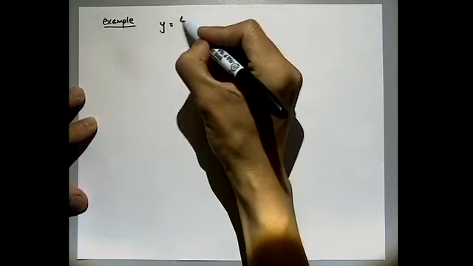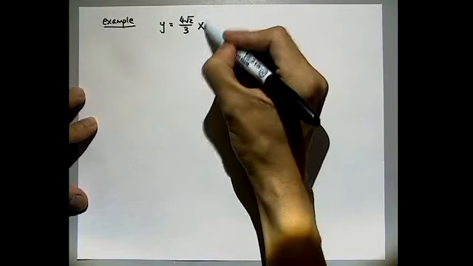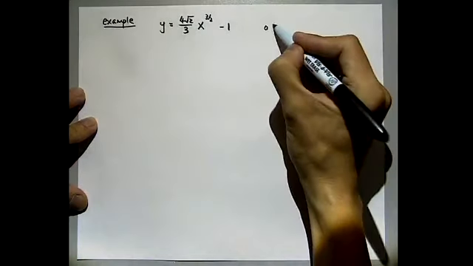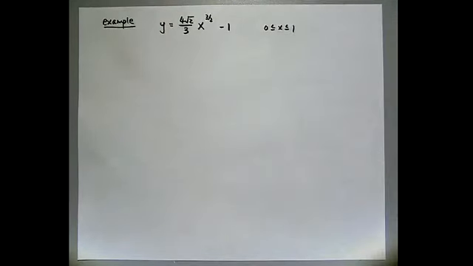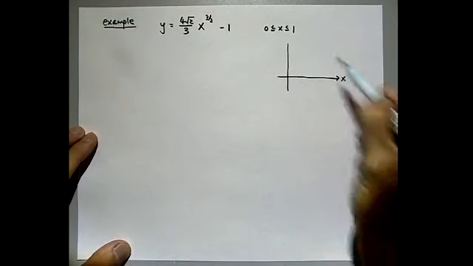Let's find the length of this curve from x is equal to 0 to x is equal to 1. Okay, so let's kind of visualize what this looks like.